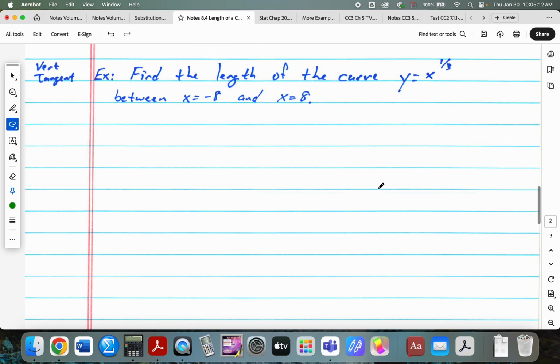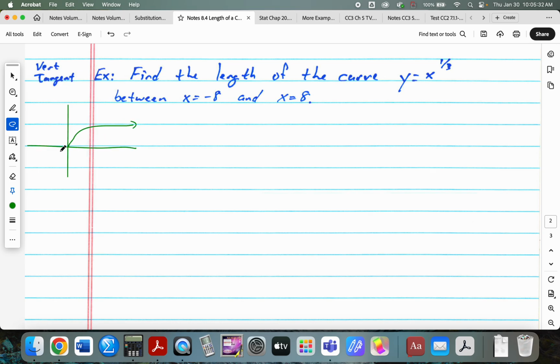All right, let's try this one. Find the length of the curve y equals x to the 1/3 power between x is -8 and x is +8. Okay, so x to the 1/3 looks sort of like this.